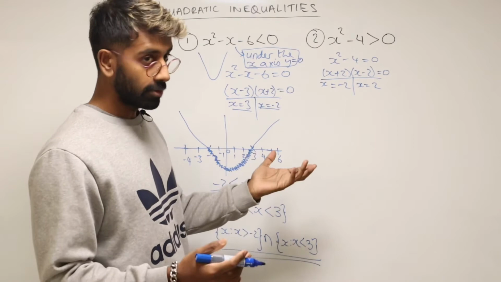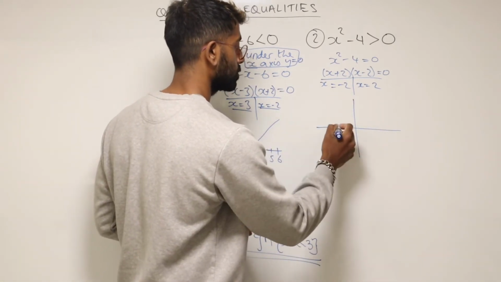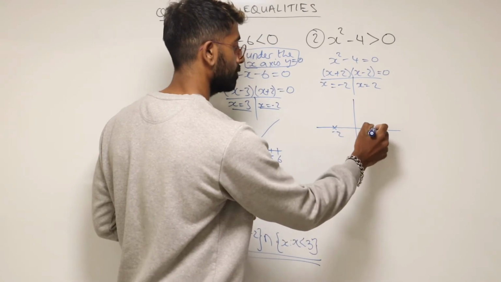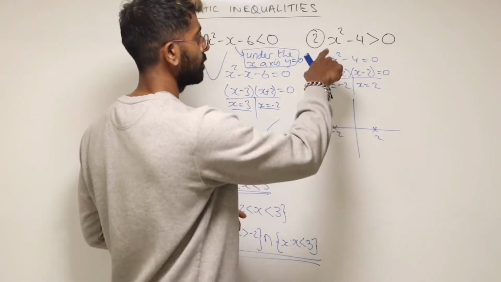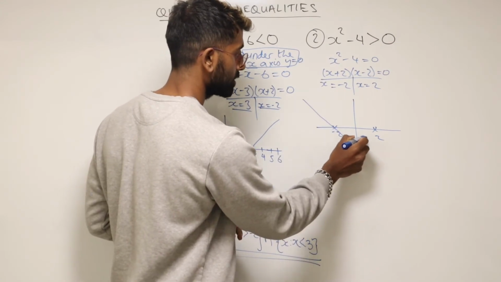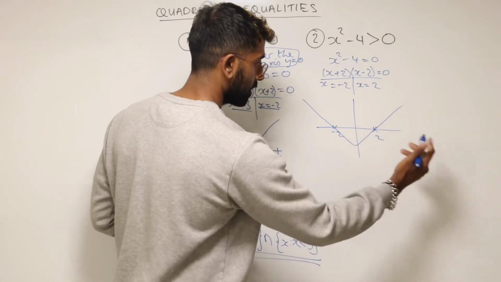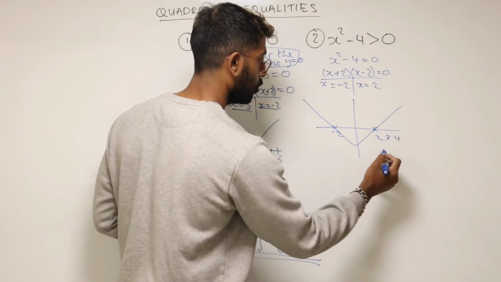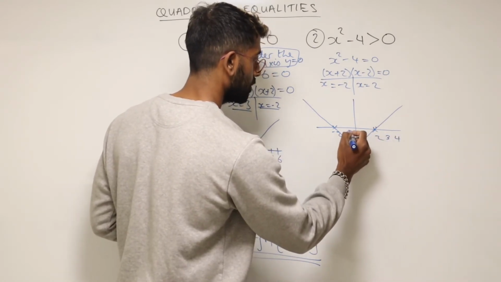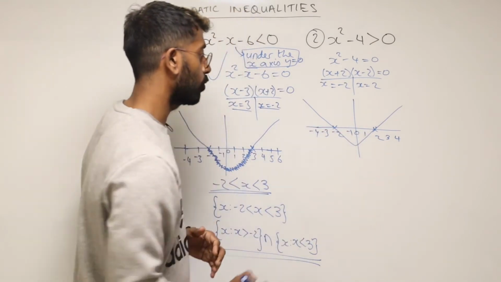Now that we've got the roots, we can create a good sketch of the graph. So you've got minus 2 over here, positive 2 here. Now we know it's a positive quadratic, so again, we'll just exaggerate the way you draw this. Like that there. Fill in some x values to the right as well, so 3, 4, and on this side we'll have 1 and 0, again minus 1 here, and on this side minus 3, minus 4.